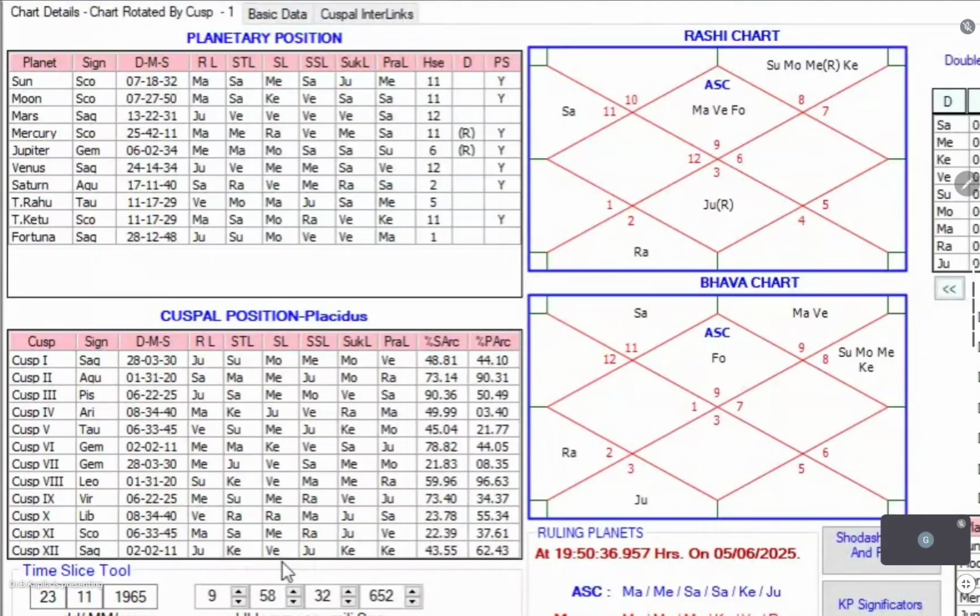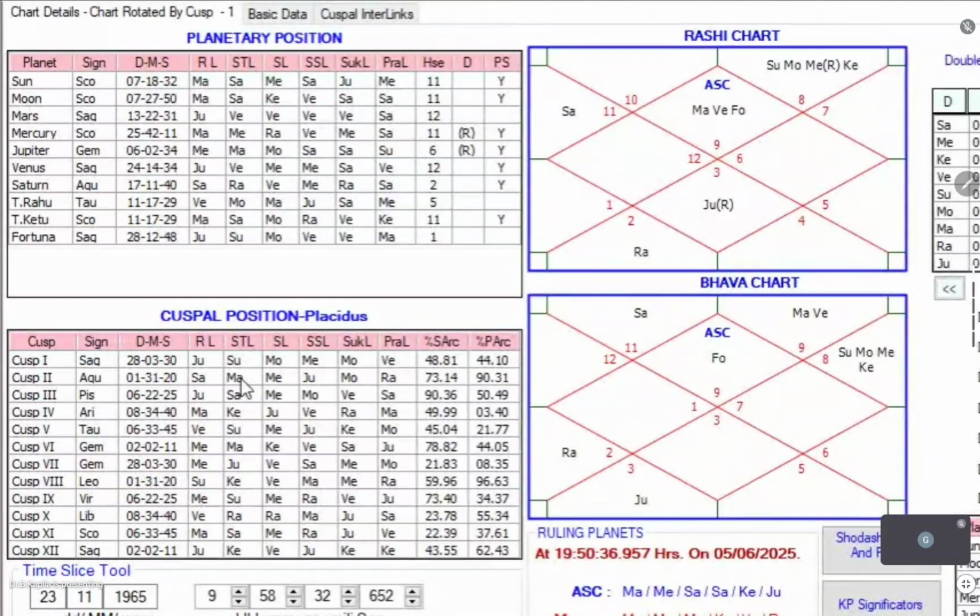Now, the question is, as long as the ascendant has progressed into the sign of Saturn, it would not mean that it will only give inauspicious events. It will give both auspicious as well as inauspicious events.